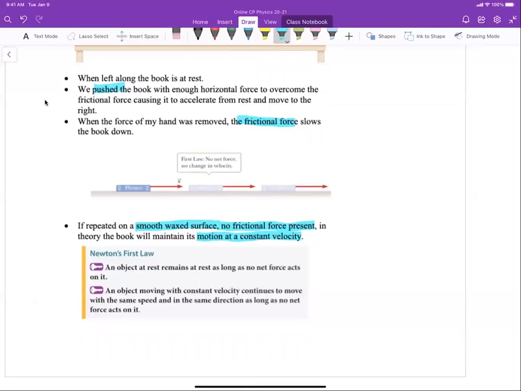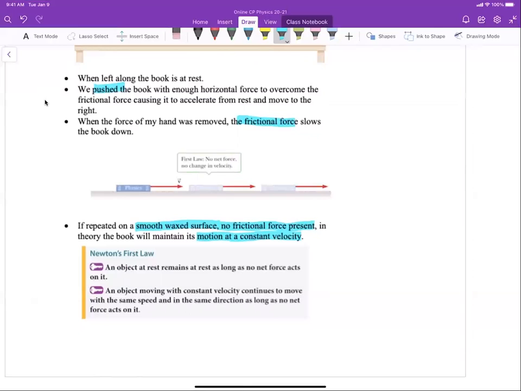So Newton's first law states an object at rest remains at rest as long as no net force acts on it. So it will stay at rest if there's no net force. Okay. And we'll talk about what that net force means in just a minute.